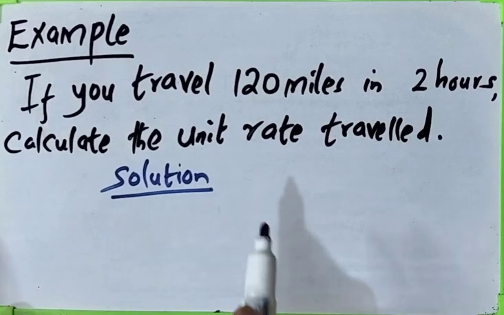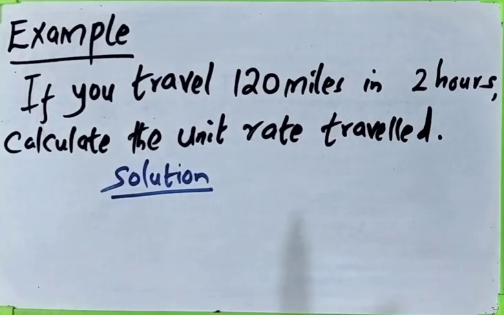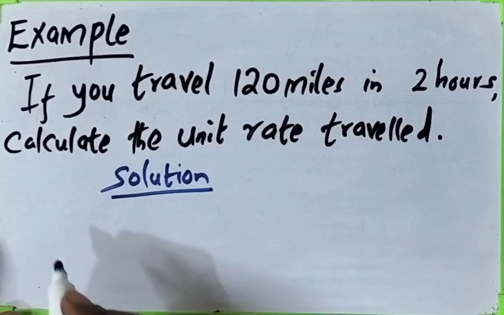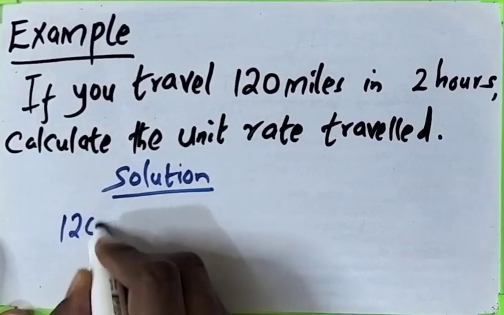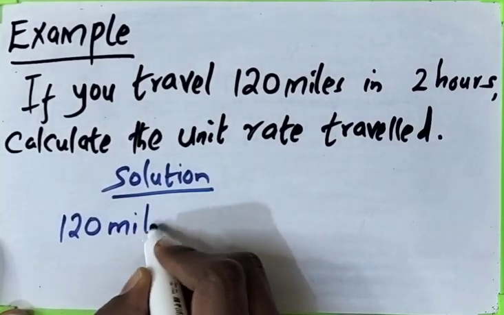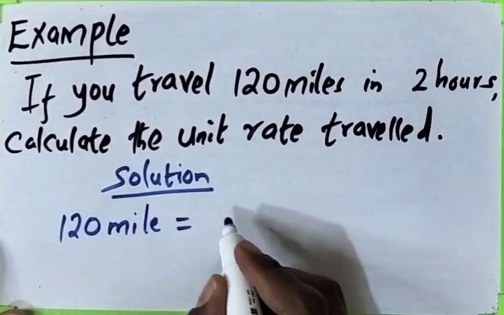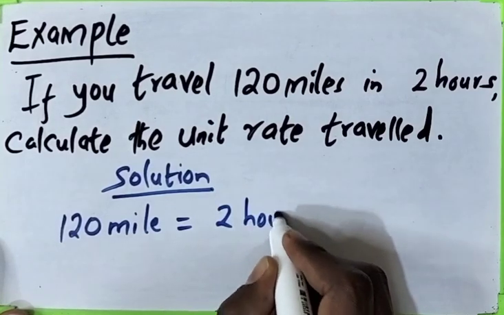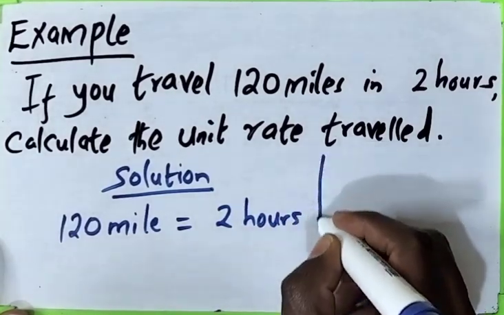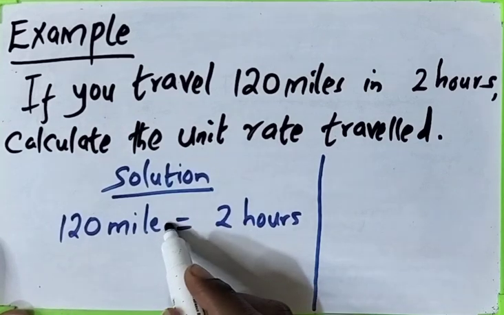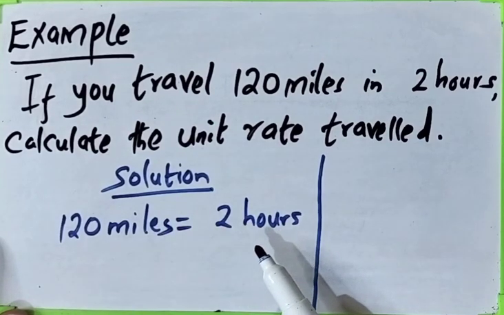Remember, we are looking for the miles you travel in 1 hour, and we have that for 2 hours. So we can say 120 miles is equivalent to 2 hours.